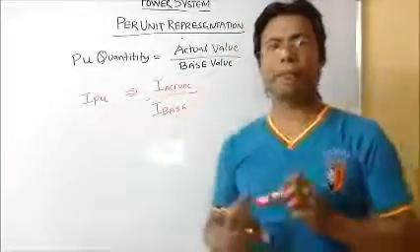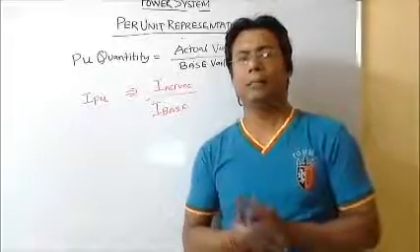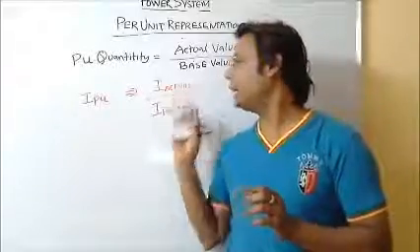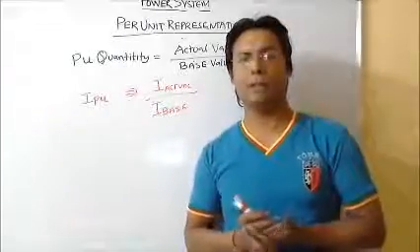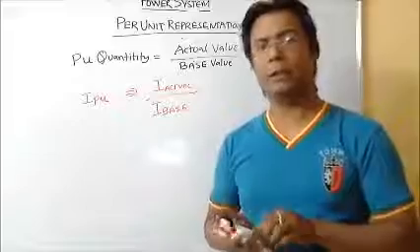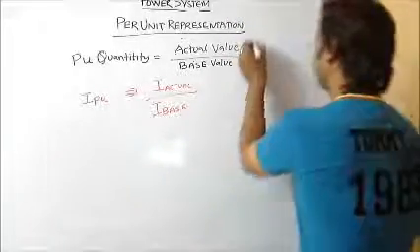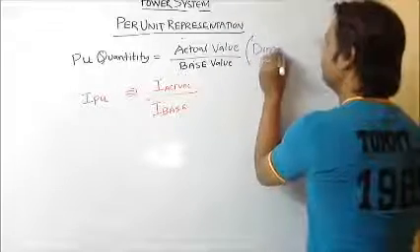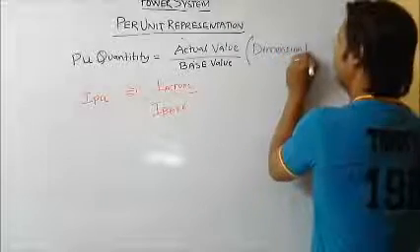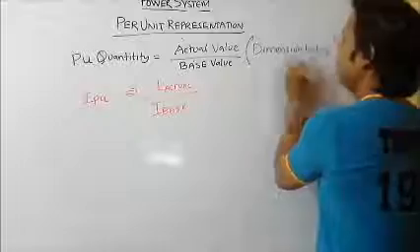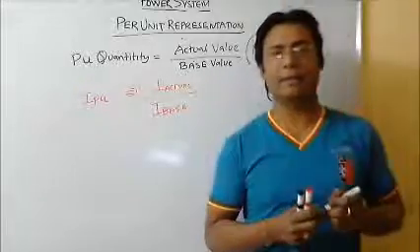Since actual and base values have the same dimensions, the per unit quantities are always dimensionless.